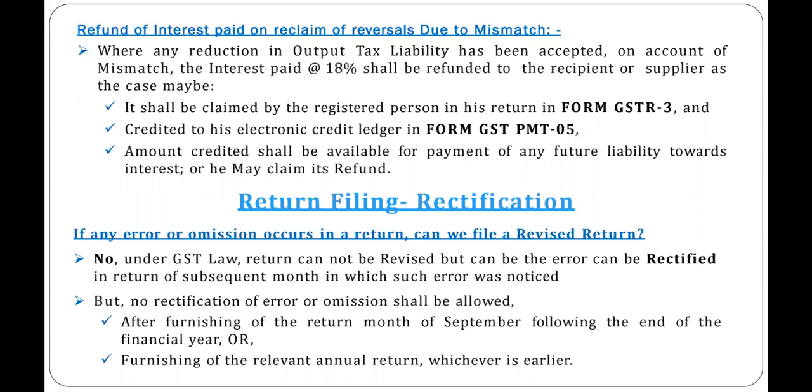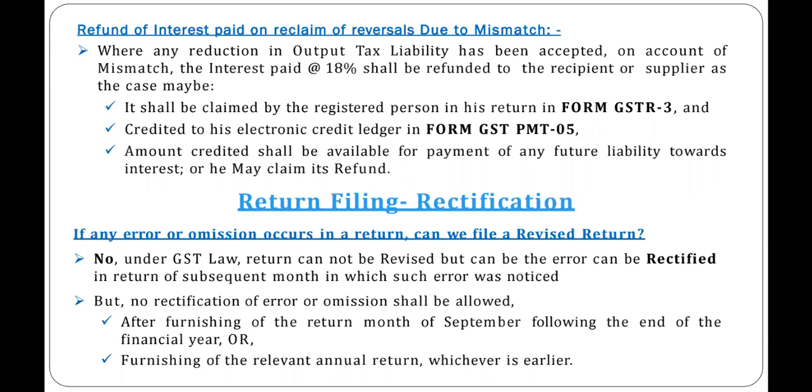So instead of a rectification, the GST authorities council has made it clear that you don't have to go for a rectification, but you can file a revised return. Whoever has committed any kind of error, or where an omission has occurred, meaning he has not entered any transaction, in all those cases he can file a revised return.